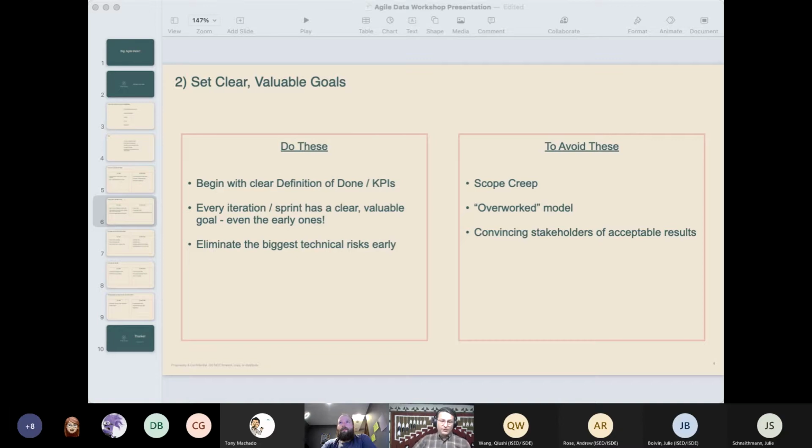But then I would also go through and mark the ones that are fundamental blockers, meaning if we don't solve this problem here, nothing else is going to matter up the chain. And then those are the ones that automatically leap to the front of the pack, even if they're small, even if they're big, even if they're easy, even if they're hard, doesn't matter. But those are the ones that I always start with.